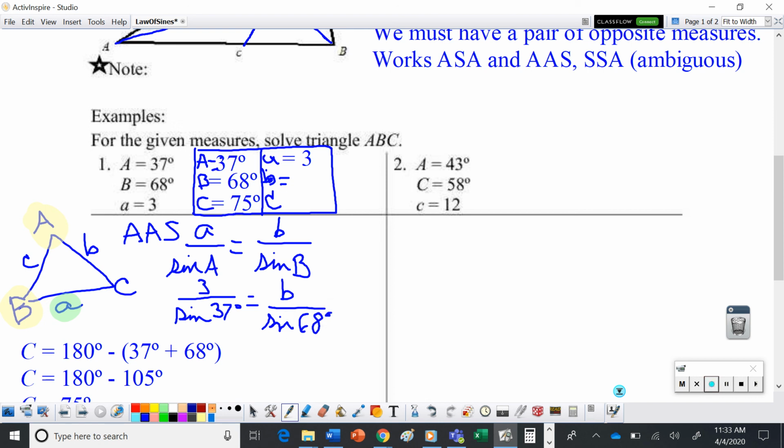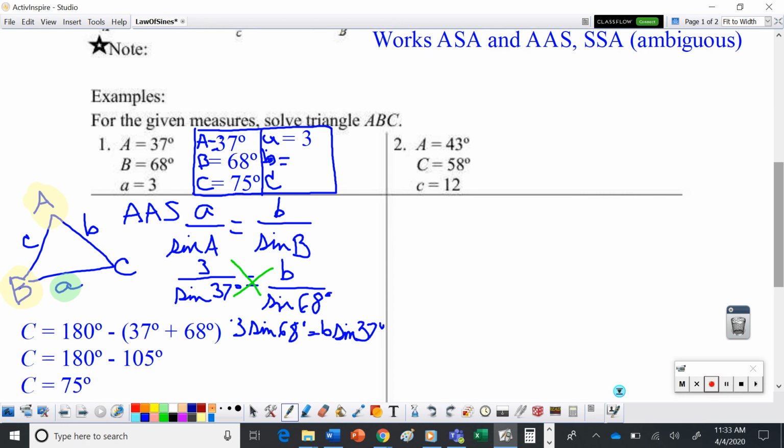Now, this is a proportion, and we've worked with proportions in the past. The way that we solve proportions, we start by cross multiplying. What we'll get is that 3 times the sine of 68 degrees is equal to our unknown B times the sine of 37 degrees.